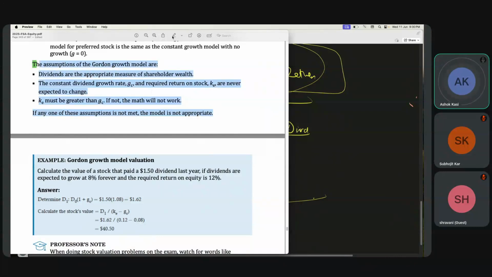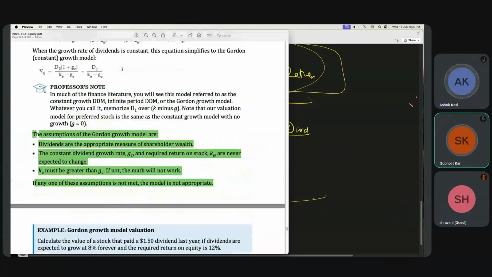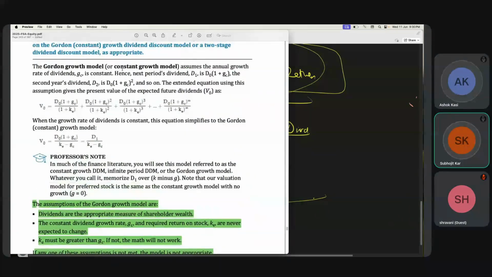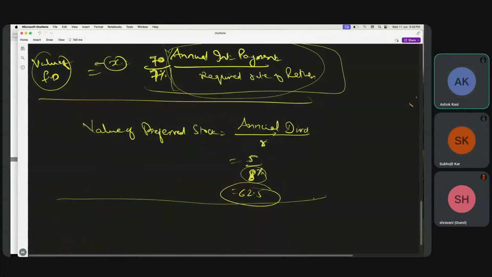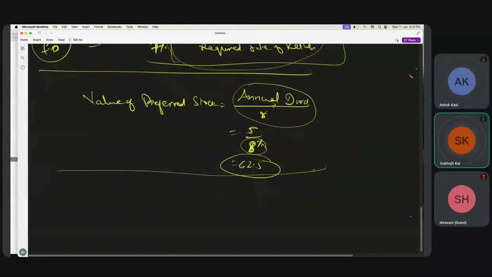What was the name of the first one, dividend by required rate of return, the one we just did? This is not Gordon. This is the perpetual stock.